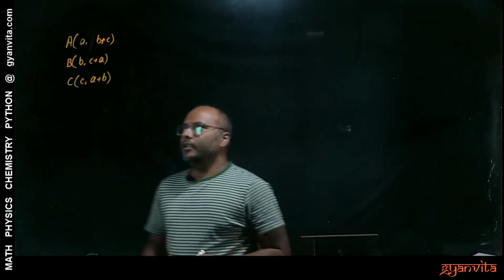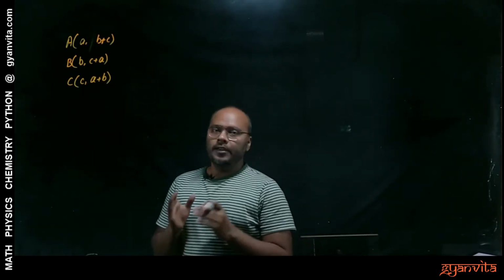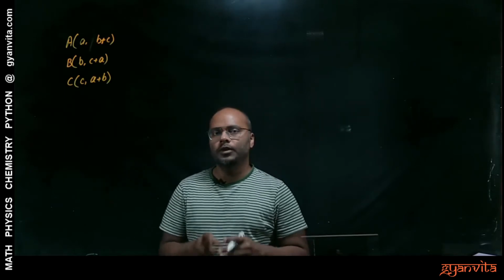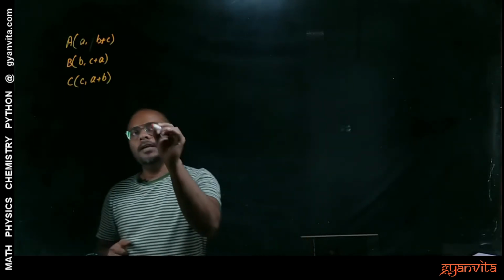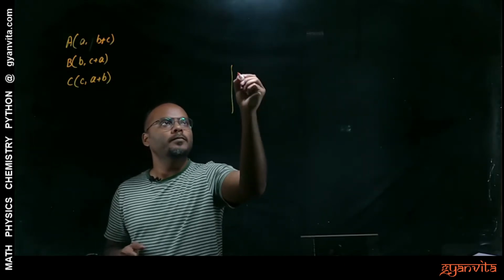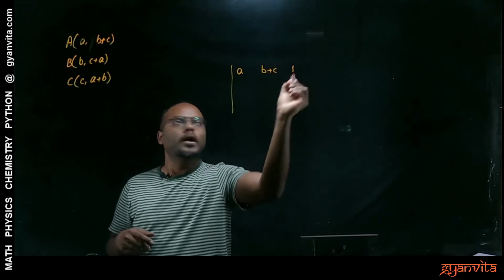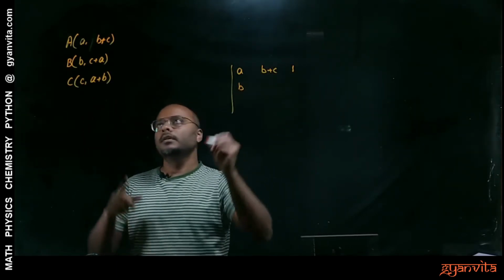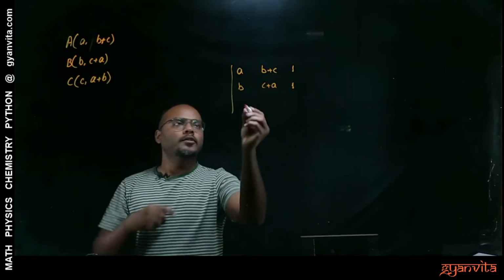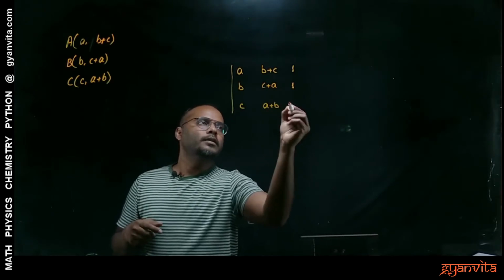So as I said earlier, if these 3 points are collinear, then the area of the shape formed by joining these 3 points will be 0. So you just find the determinant. Determinant of what? Determinant of A, B plus C, 1. Then you have B, C plus A, 1. And then you have C, A plus B and 1.